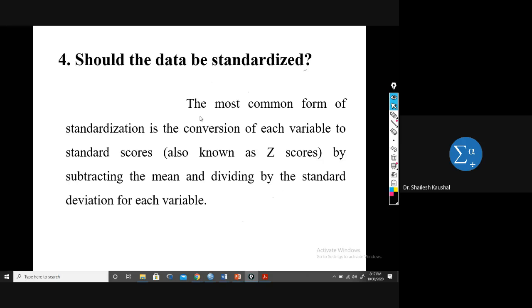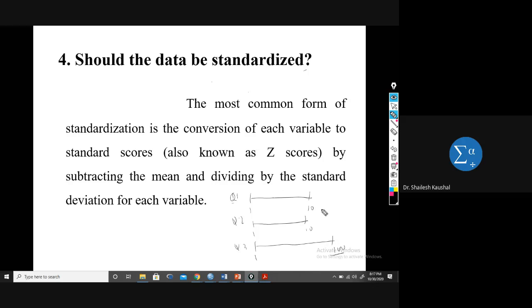Now the question is, yesterday I also discussed this, and Professor Thomas also gave a good comment on this standardized scale. If my questions are not on the same scale, for example I am using 10 questions: question number 1 is 1 to 10, question number 2 again is 1 to 10, but some questions like question number 3, 4, 5, 6 are 1 to 100.